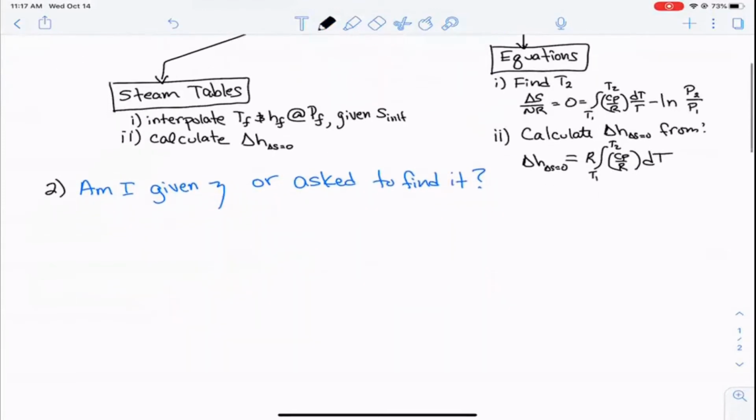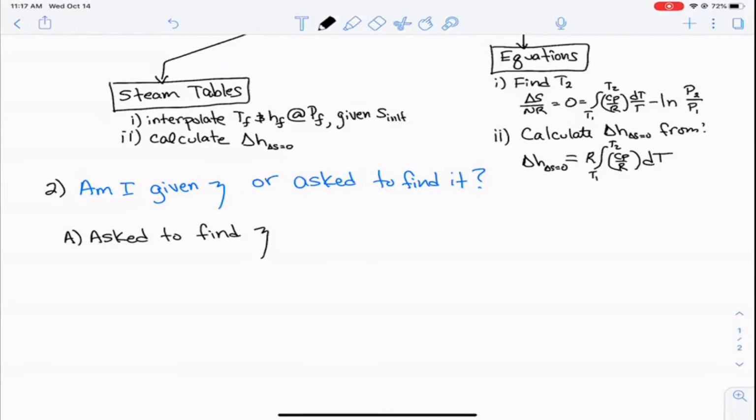So if we're asked to find the efficiency, we're going to call that case A. So this will be like 2A, I'm asked to find the efficiency. Well, if that's the case, we really only have two variables.